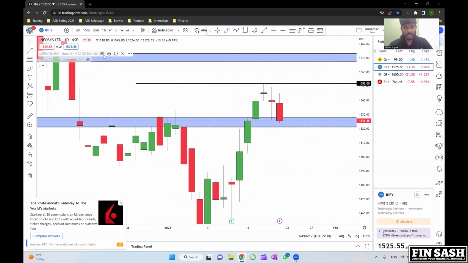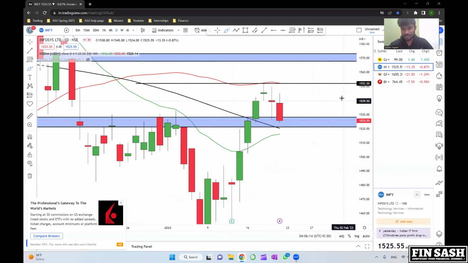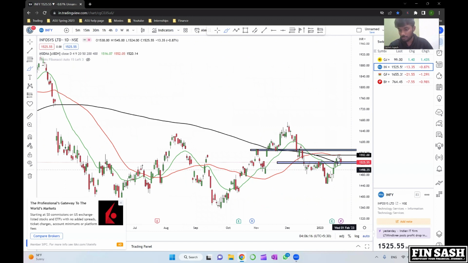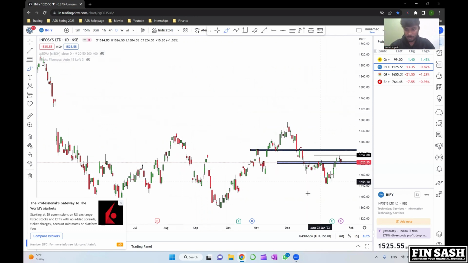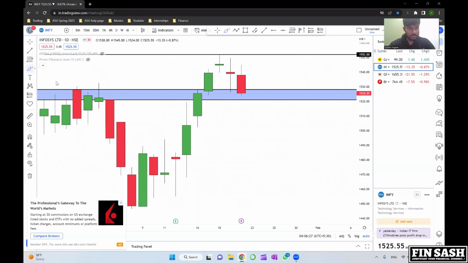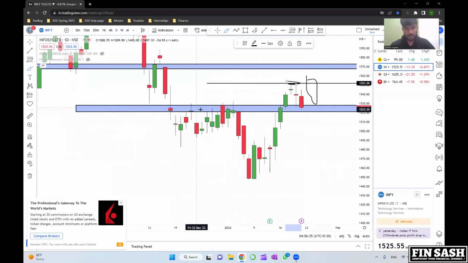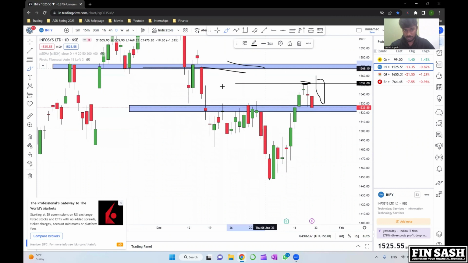But if it's not, and right now Infosys is at its 200 moving average, so it's very likely that the stock will take support from the 200 moving average. So if it gives me a green candle here or above this level, because this is the previous swing high, I'll take up the trade for this level.